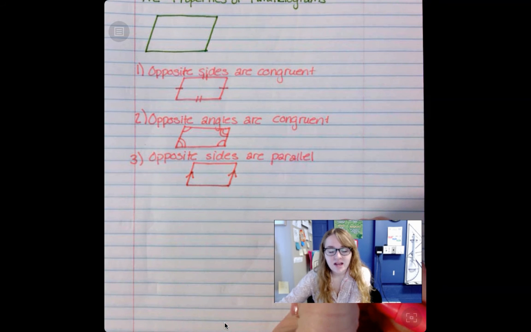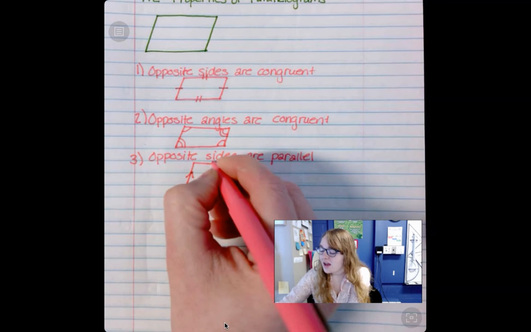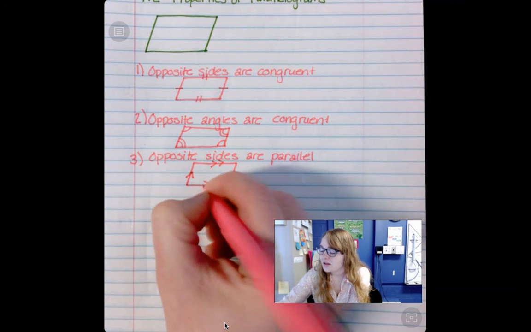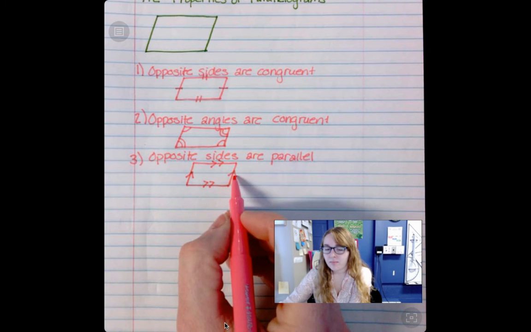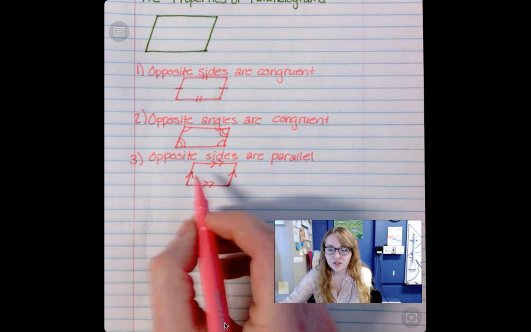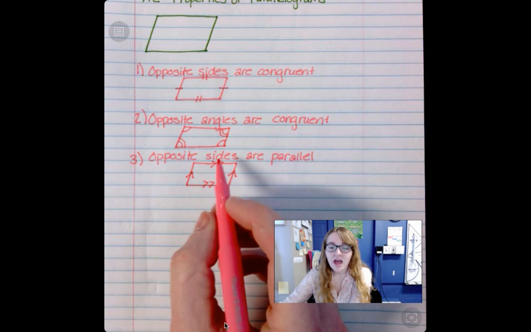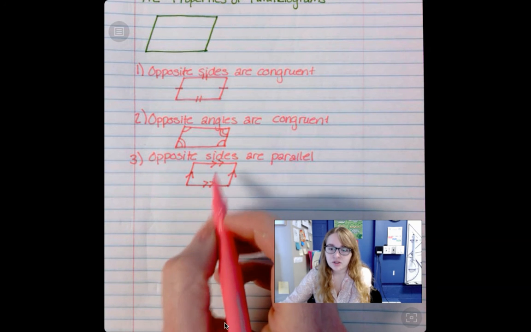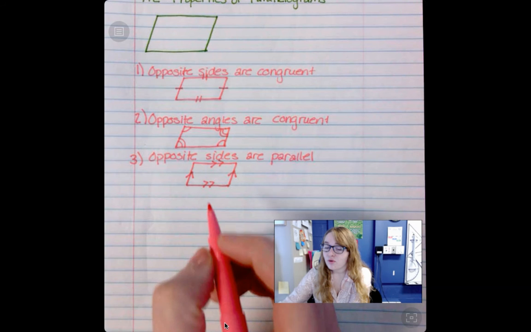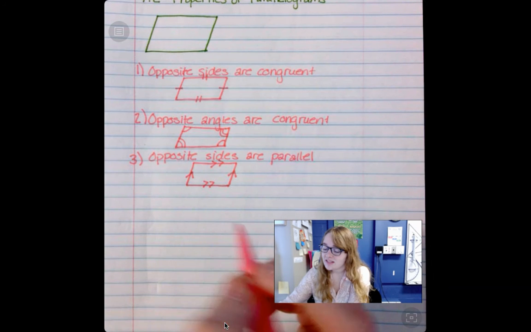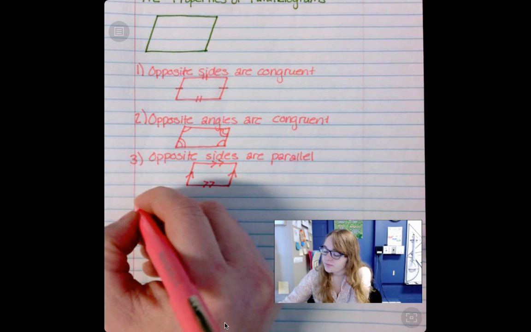So the left side is parallel to the right side, and the top is parallel to the bottom. Just like with tick marks, we have one parallel arrow here to denote that these two sides are parallel, and 2 parallel arrows to distinguish that the top and bottom are parallel. Okay, remember that parallel lines have the same slope.